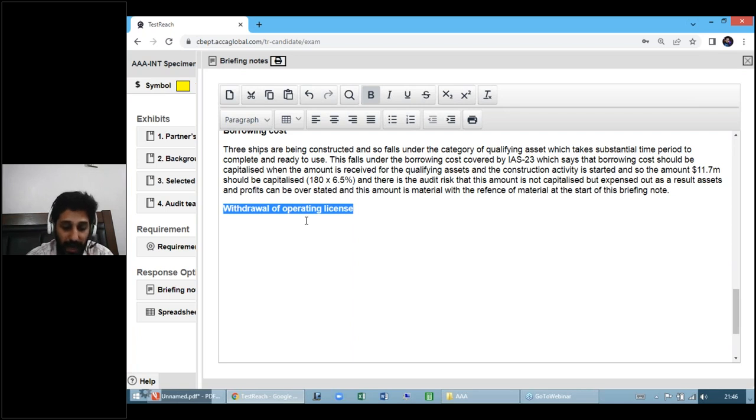So licenses are correctly recorded as an intangible asset. This is my evaluation, and they are amortized, which is the correct treatment. But the audit risk is that you need to consider whether or not it is impaired.